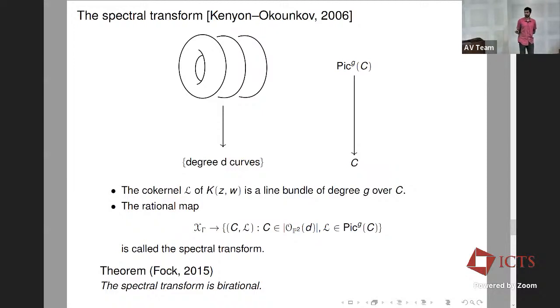Oh, so the Kasteleyn matrix is a Laurent polynomial valued matrix. You can think of it as a map of locally free sheaves on the torus, and you take the cokernel as a sheaf. Oh, wait, say again? Yeah, that's something that I didn't say.